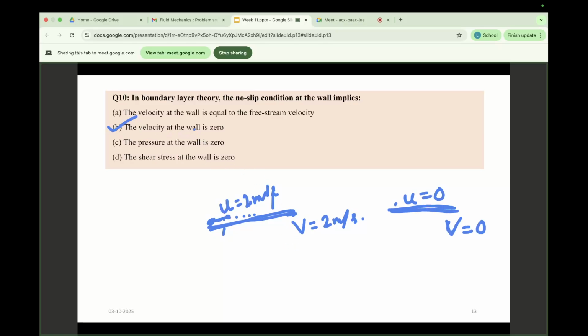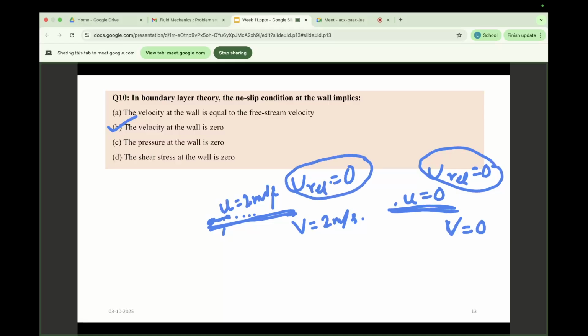This velocity at the wall means the relative velocity. If the plate is moving at 2 meters per second, the fluid should also move at 2 meters per second. That means there is no velocity difference. So I can write u relative should be 0. Here also u relative should be 0. Some students get confused among these things.